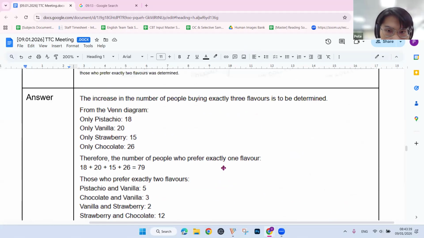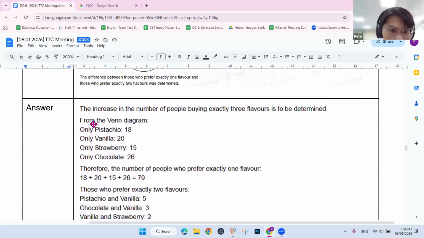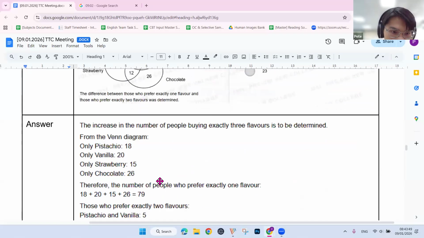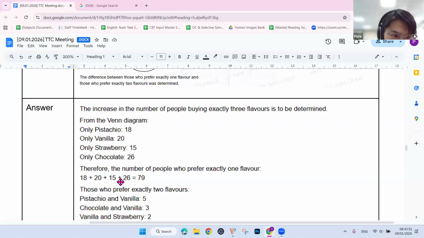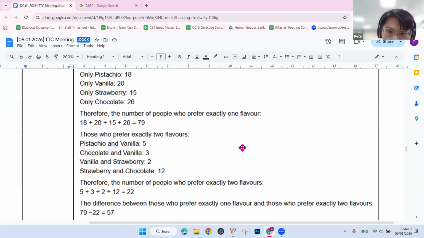So first we need to read the diagram. First we need to find the number of people who prefer exactly one flavor. We have 18 for pistachio, 20 for vanilla, 15 for strawberry, and 26 for chocolate, with a total of 79 people who prefer exactly one flavor.